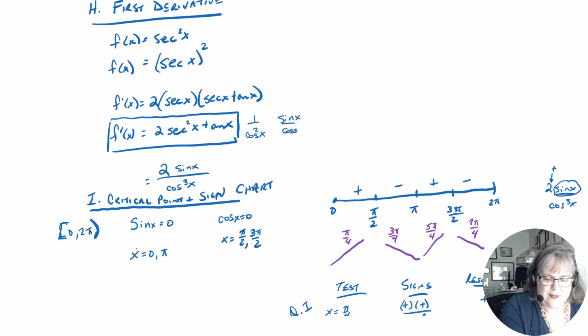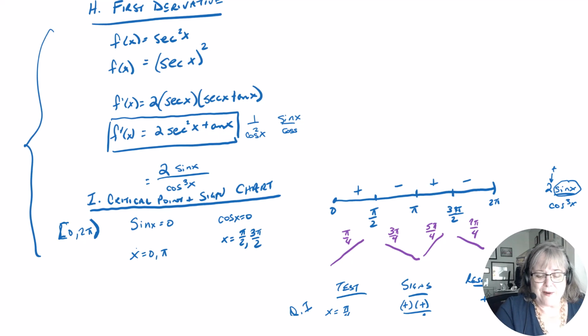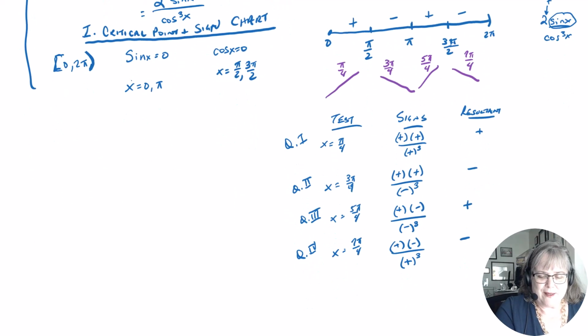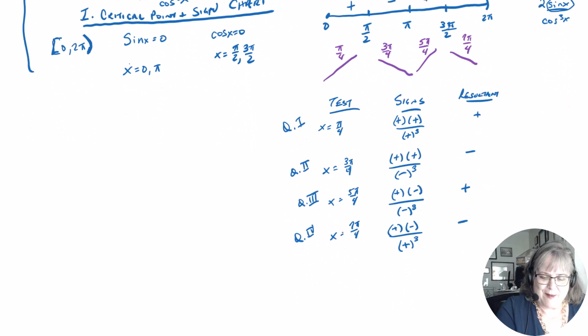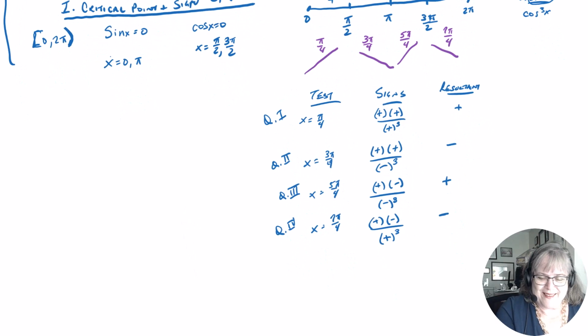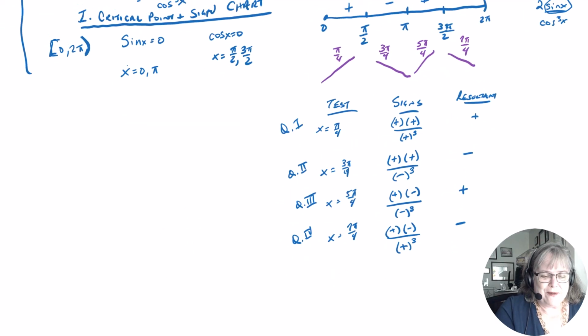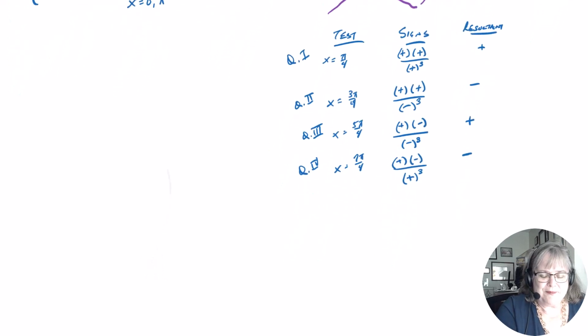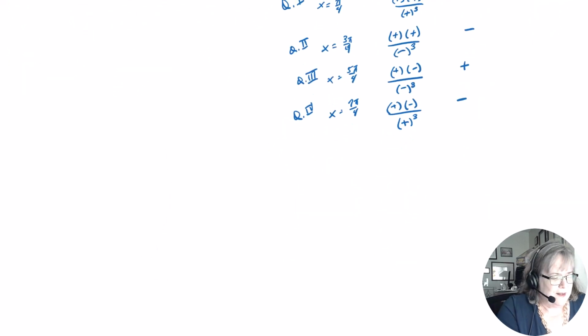And I had a tendency to lump these together. That's, I guess, why I keep forgetting. And they pulled them apart so that they wouldn't forget to do that. And I keep forgetting to do that. Okay. I do it. I just forget to label it. All right. So here we go. So this is the critical points or values or numbers, whatever you call them, and the sign chart. So then what we're going to do is talk about where it's increasing.